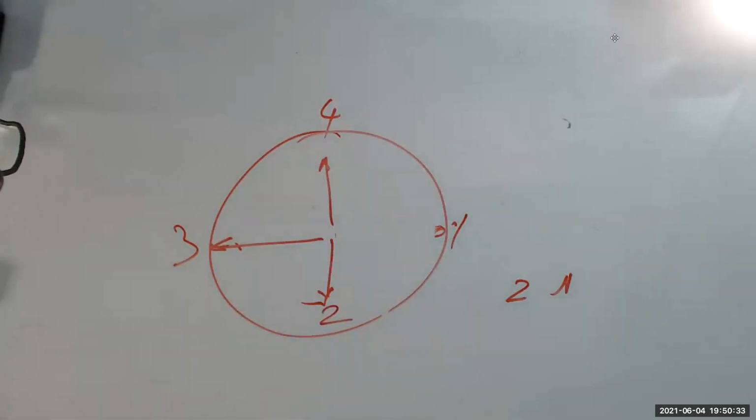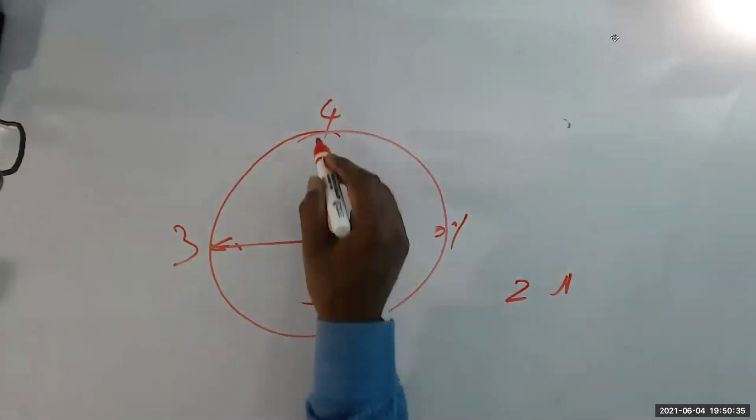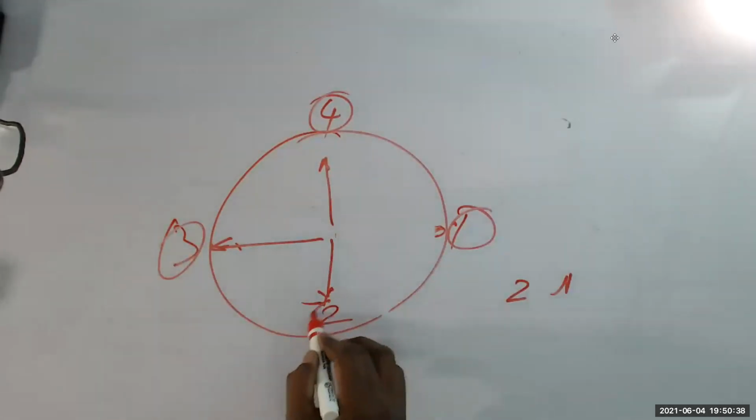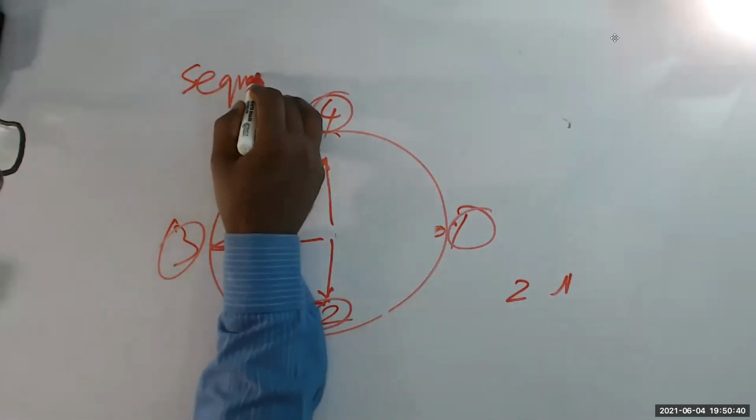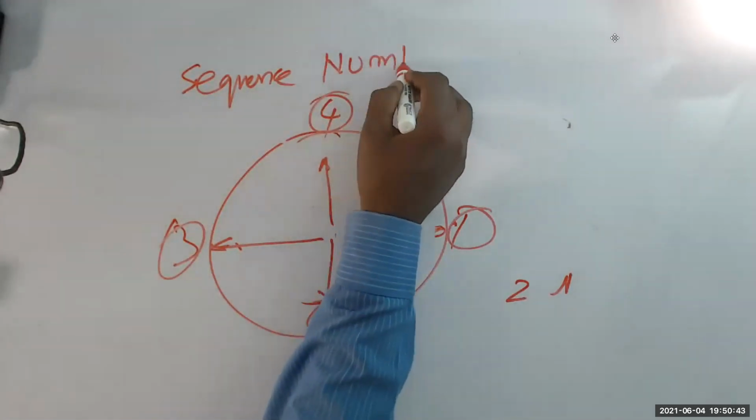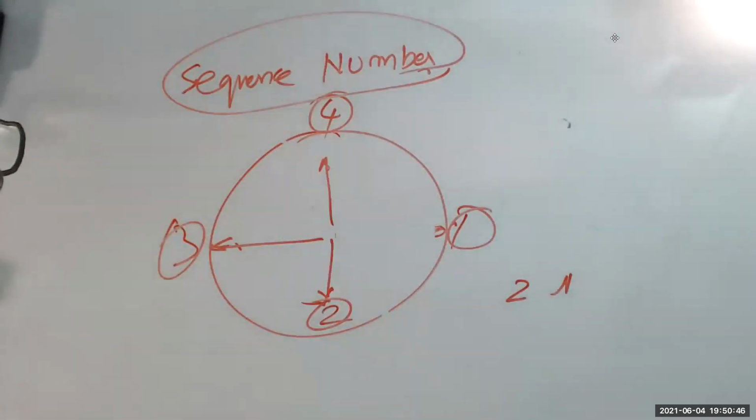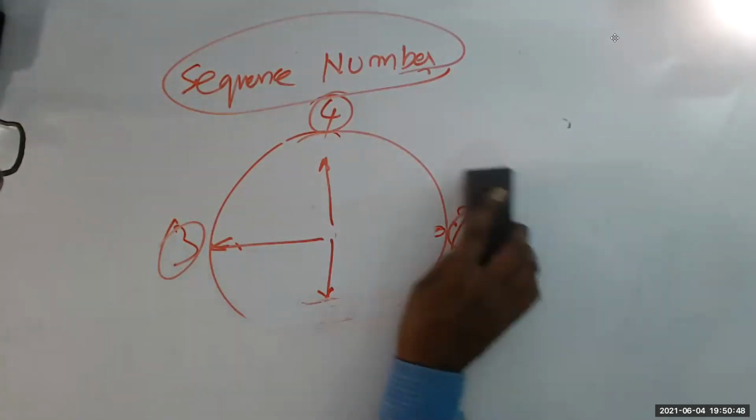This is called the sequence number. So I keep on sending the packets with the sequence number. If I don't get the acknowledgement from the other guy, then there's a timeout. Then I have to retransmit. This whole thing is done by your TCP protocol.